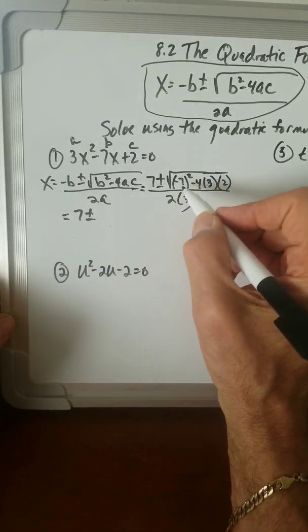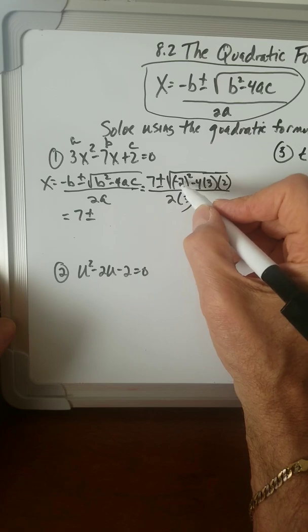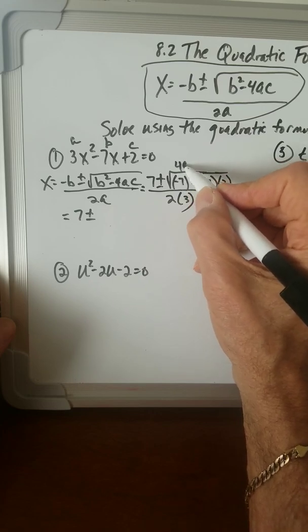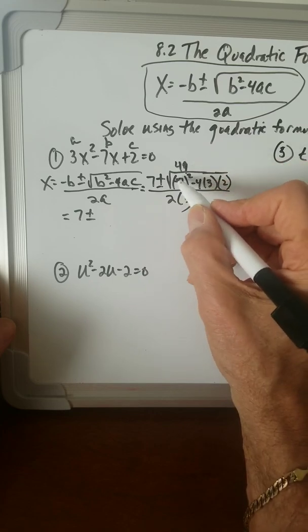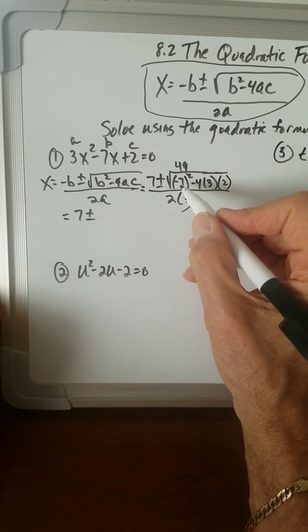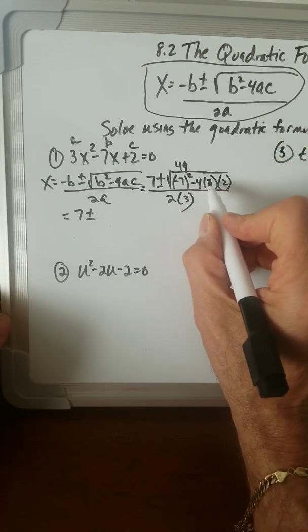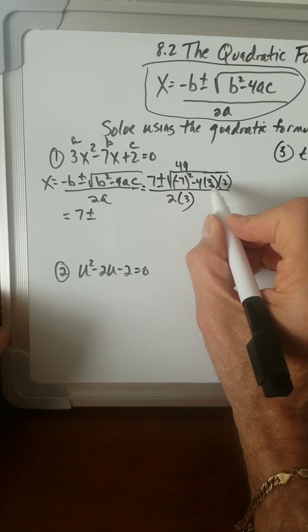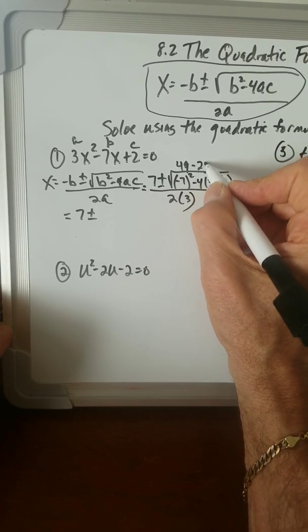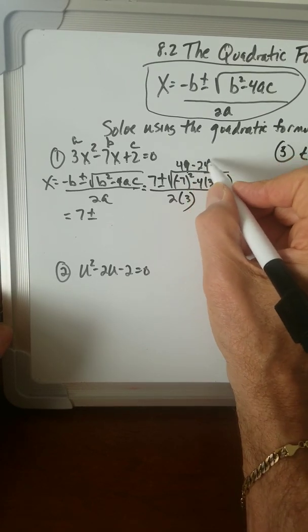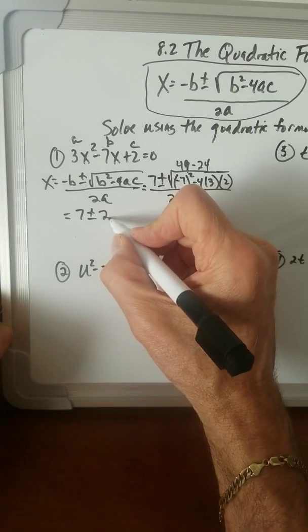Now let's do all this together. We got negative 7 squared is 49. Make sure when you're multiplying this, you put parentheses around it, so you get a positive answer. Negative 4 times 3 is negative 12. Negative 12 times 2 is negative 24. And 49 minus 24 is 25.